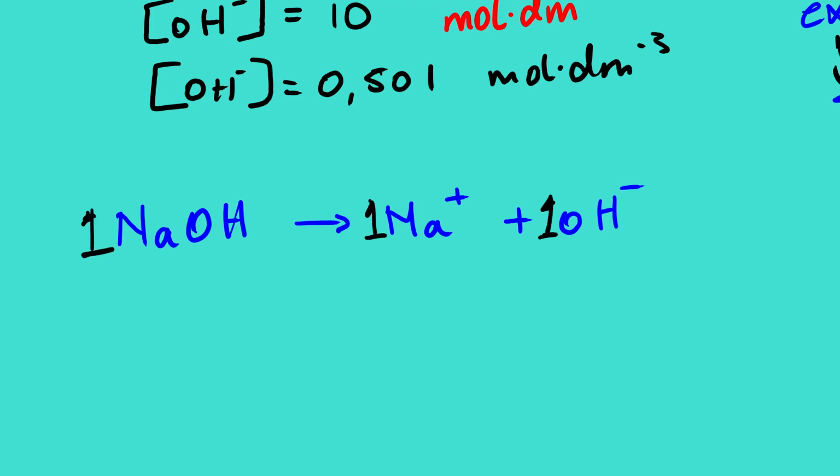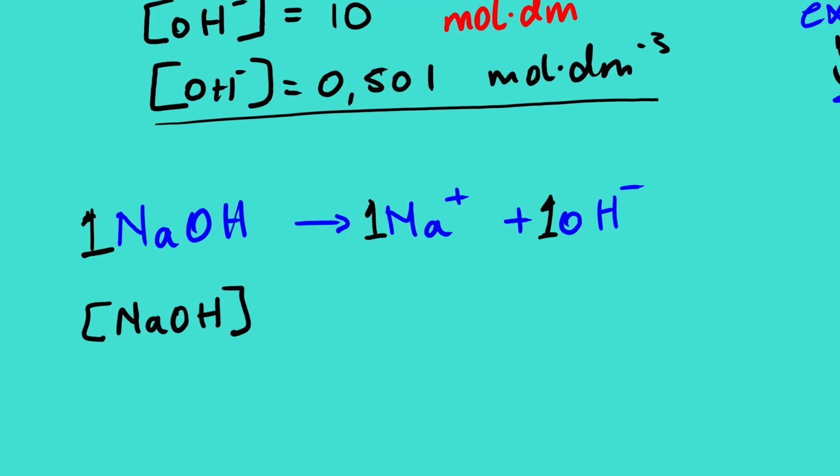This simply means if the concentration of hydroxide is equal to 0.501, it means the concentration of sodium hydroxide is the very same, 0.501 mole per dm cube.